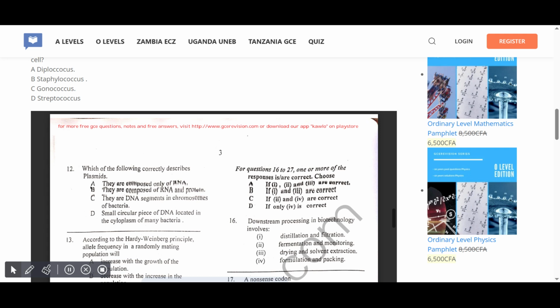Question 12. Which of the following correctly describes a plasmid? The answer is D. Small circular piece of DNA located in the cytoplasm of many bacteria.